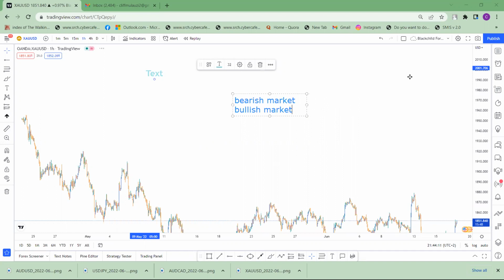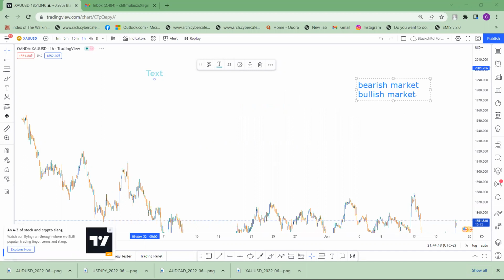These are the only two directions that we have in the forex market. If we don't have the bearish market, we have a bullish market. If we don't have a bullish market, we have a bearish market. Sometimes we do not have any of the directions, and in that case we have what we call a ranging market.